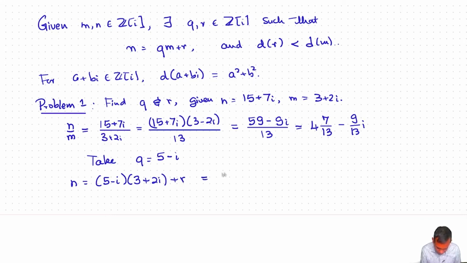5 times 3 is 15, plus 2, that's 17, and minus 3i plus 10i, which is 7i.